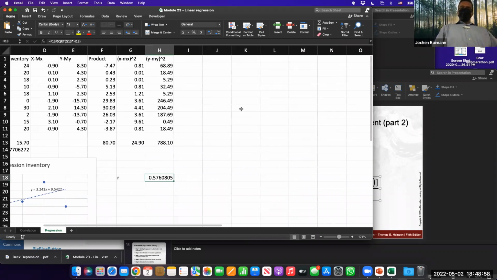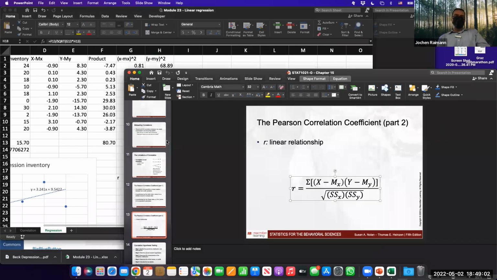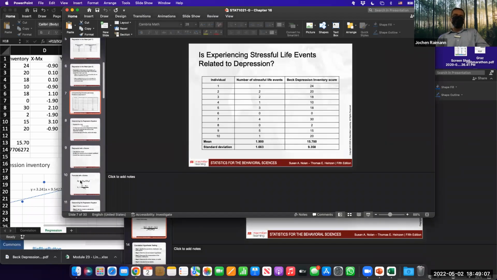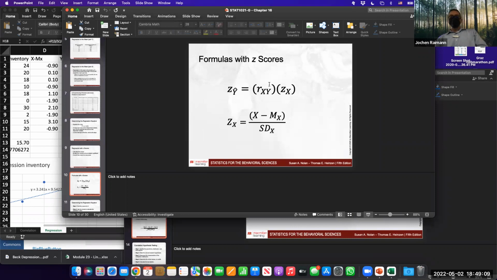So continuing now to think about what we need to do next. We have discussed the prediction of our y hat by multiplying our correlation coefficient with the z of x. Why the z of x?